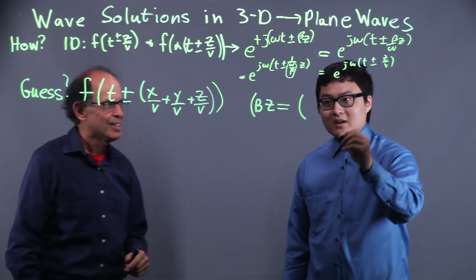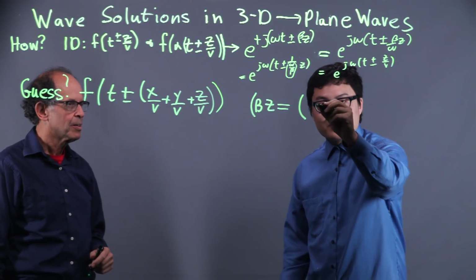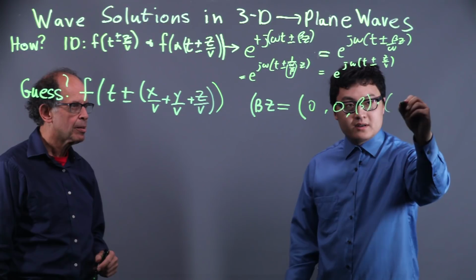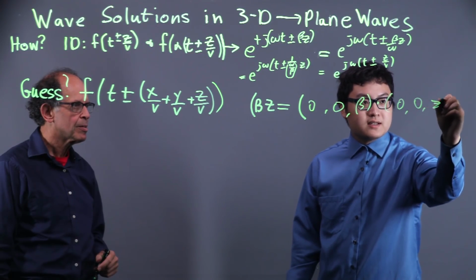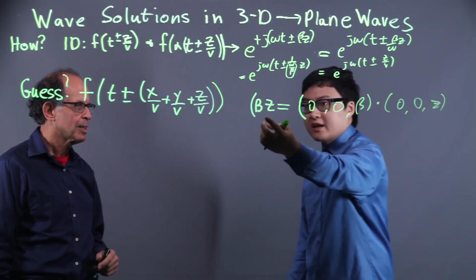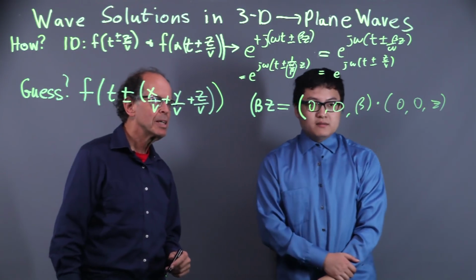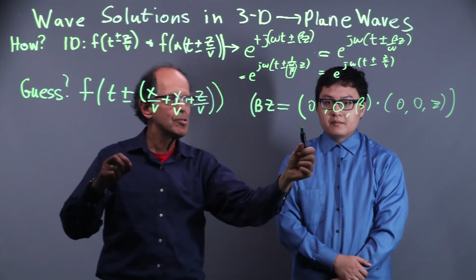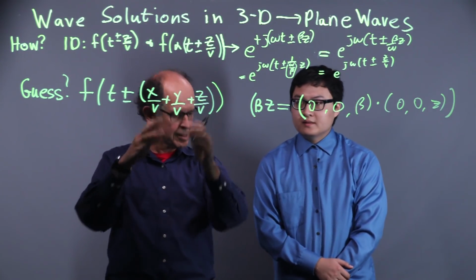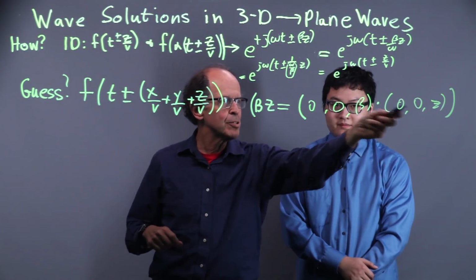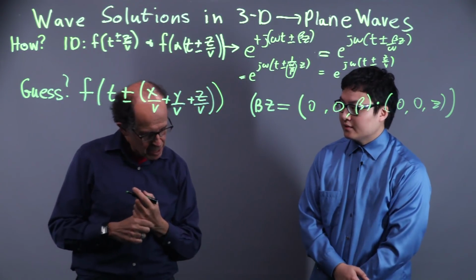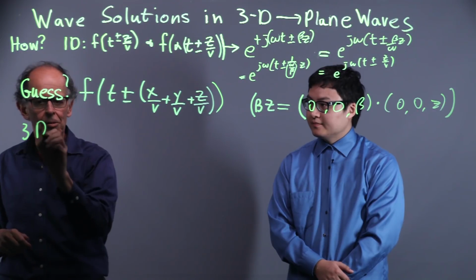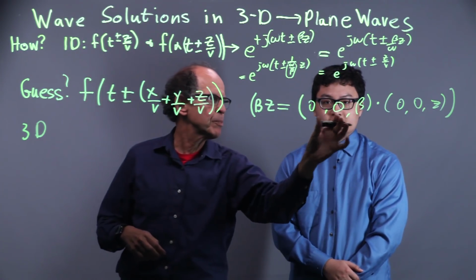Since it's only the z direction, we have (0, 0, beta) dotted with (0, 0, z). So when you take the dot product, you only get beta z. Yeah, that's right. And we'll use this and see if we get something like that. So let's generalize this to three dimensions. In 3D, we're just going to replace this and fill up the zeros.